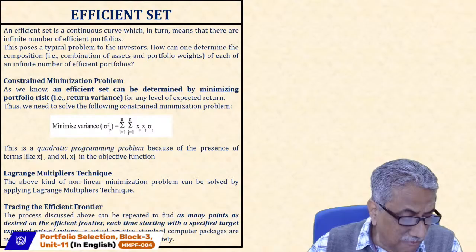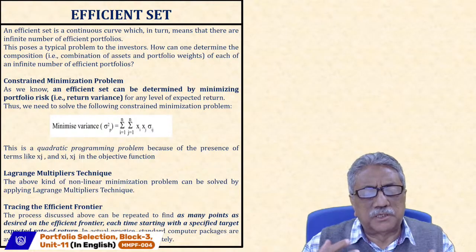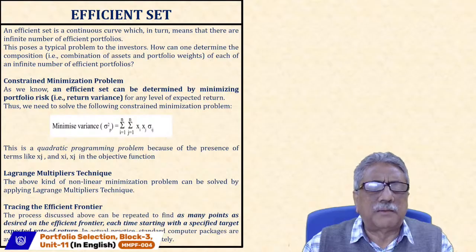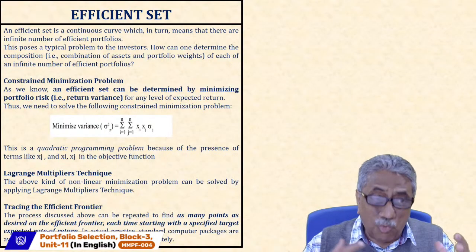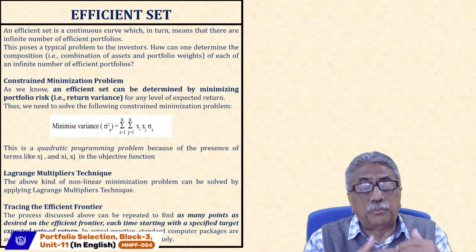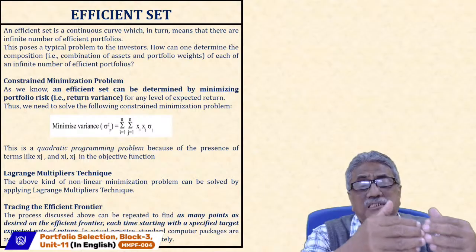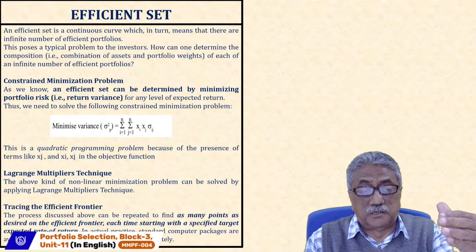As you have seen with mutual funds and others, time to time, monthly, they come out with the data. They have sold off some of the securities, they have bought some of the securities. They continuously try to do that and try to stay on the efficient frontier because that gives you the highest possible return for a given risk.